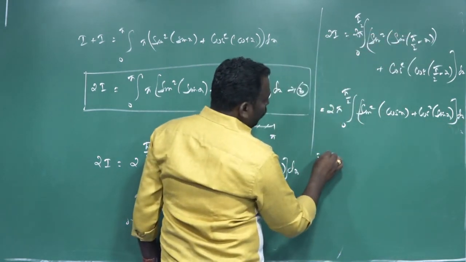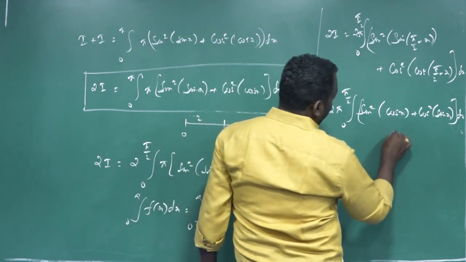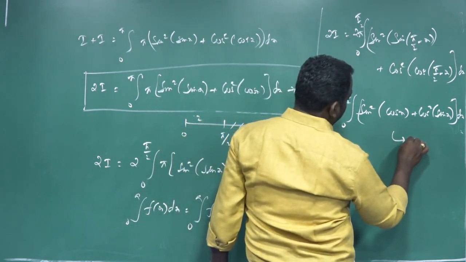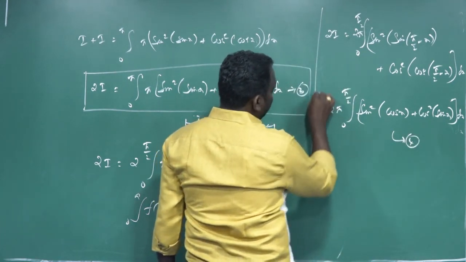Now this equation, simply we can call it the fourth equation, equation number 4, is called 2I is equal to this one.